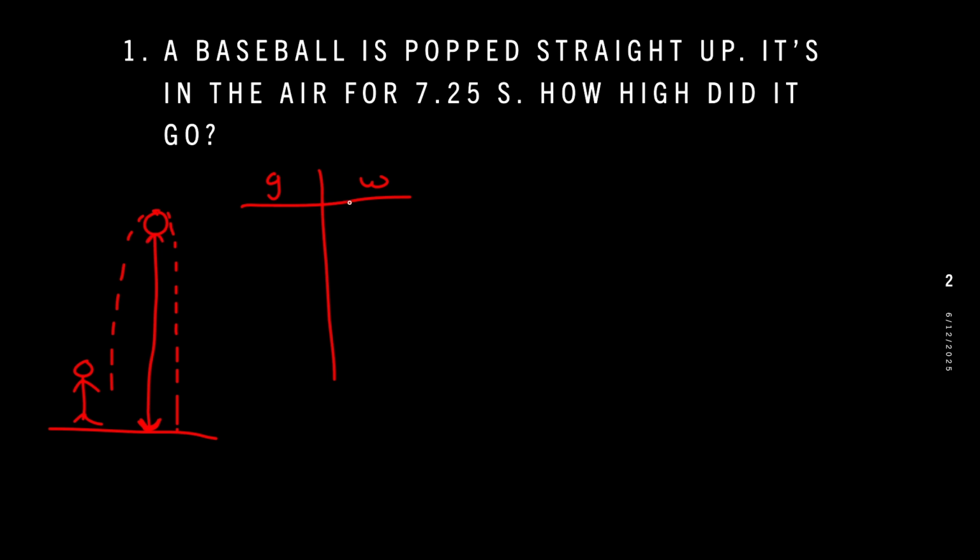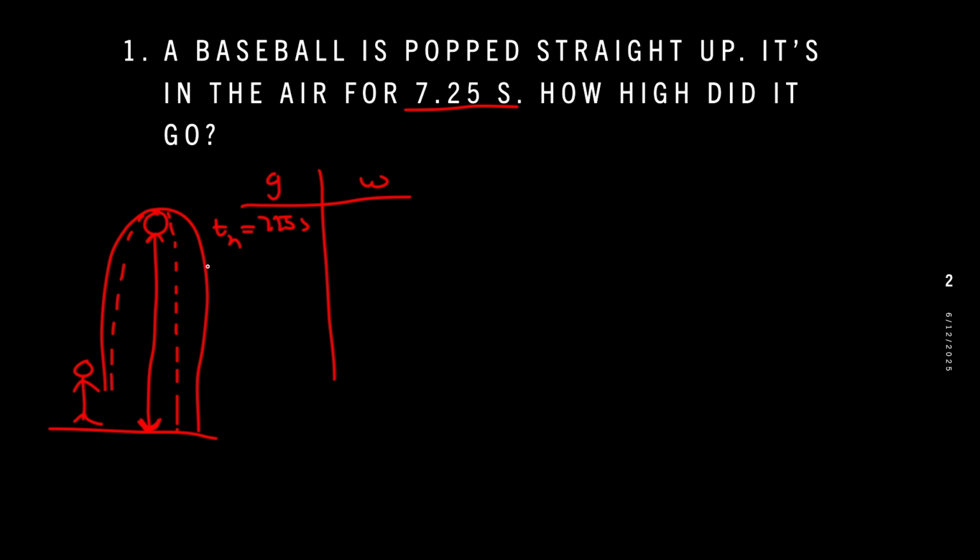So what we know from the problem is it was in the air for 7.25 seconds. So we could write that as T_H. The H stands for hang time, which is basically the total time that it took for the ball to start from the person's hand to the point when it gets to the ground.